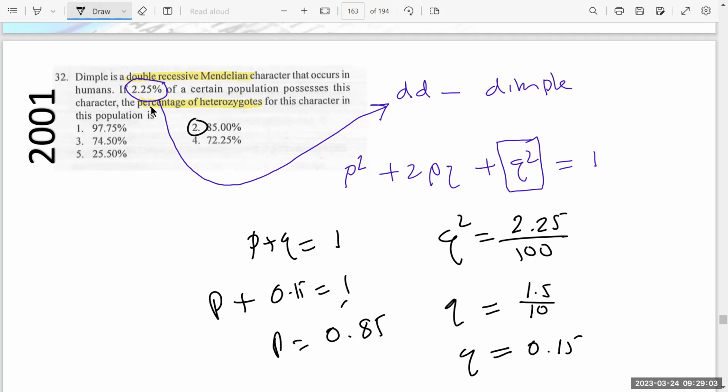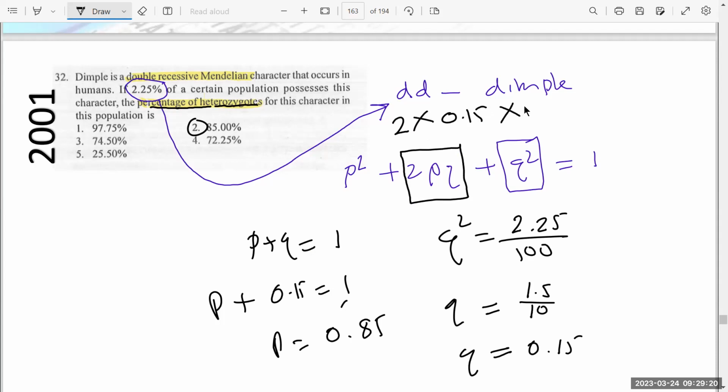But they ask for the percentage of heterozygous. So we have to find the percentage of heterozygous, not the homozygous one. So the percentage of heterozygous is 2 times 0.15 times 0.85.